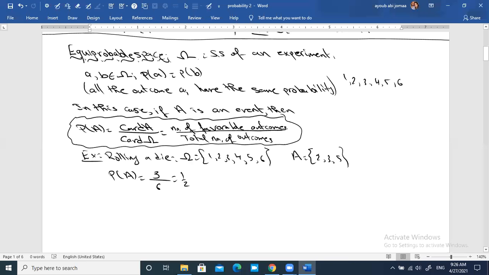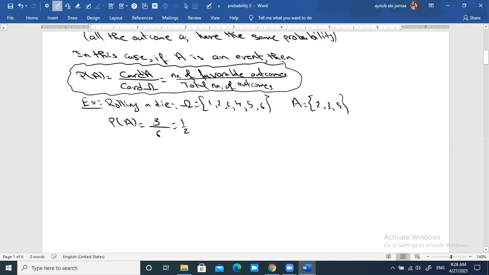Another example. Let's say you have a jar that contains 5 black and 3 white. Wait, why did I put 3 before?